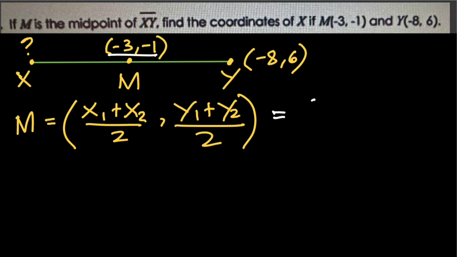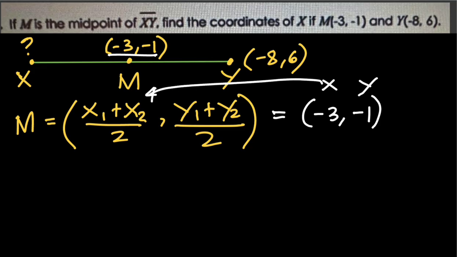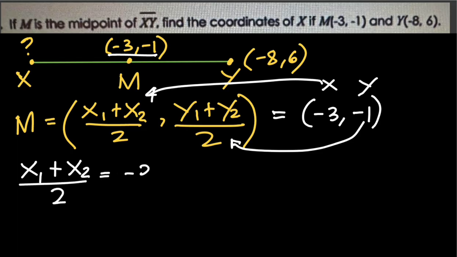So -3 is the x coordinate of the midpoint and -1 is the y coordinate. The x corresponds to the average of the x coordinates, and y to the average of the y coordinates, so we can just equate them. So (x sub 1 plus x sub 2) over 2 equals -3, and the other one is (y sub 1 plus y sub 2) over 2 equals -1.